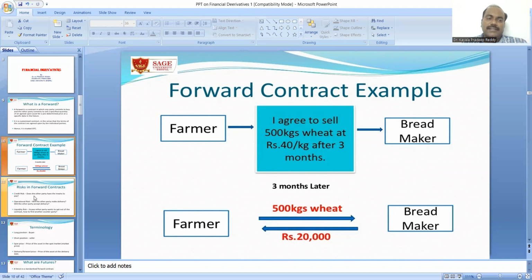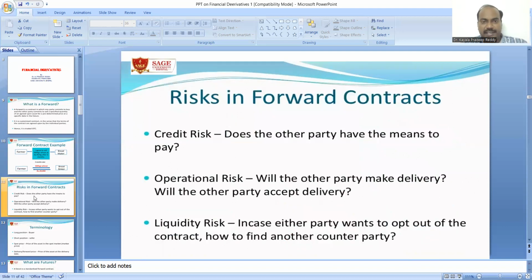The risks in a forward contract are the credit risk, the operational risk, and the liquidity risk. The credit risk is: does the other party have the means to pay? That is, can the trader entering into the contract really pay? The operational risk is: will the other party make delivery?